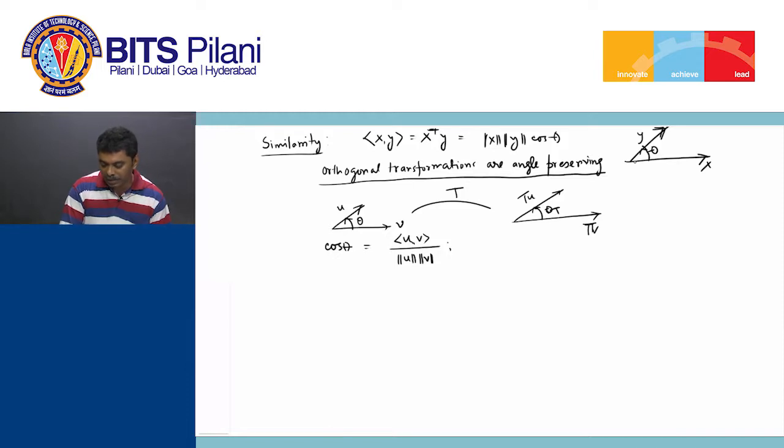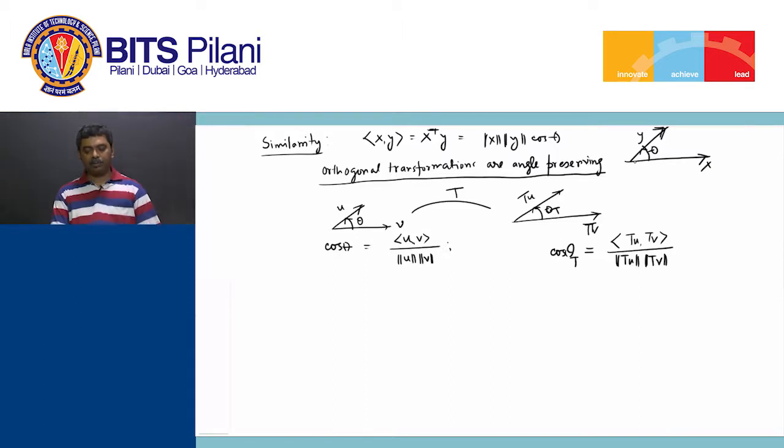Now let's look at the transformed space. There, the cosine of theta t, where theta t is the angle between the transformed vectors Tu and Tv, is the inner product of Tu and Tv divided by the magnitudes of both. What we need to do is show that these two are the same.